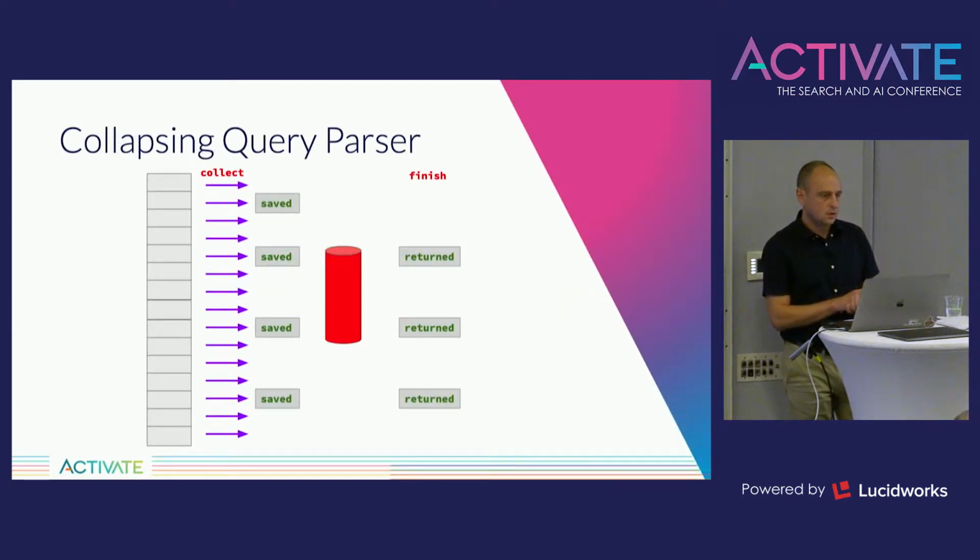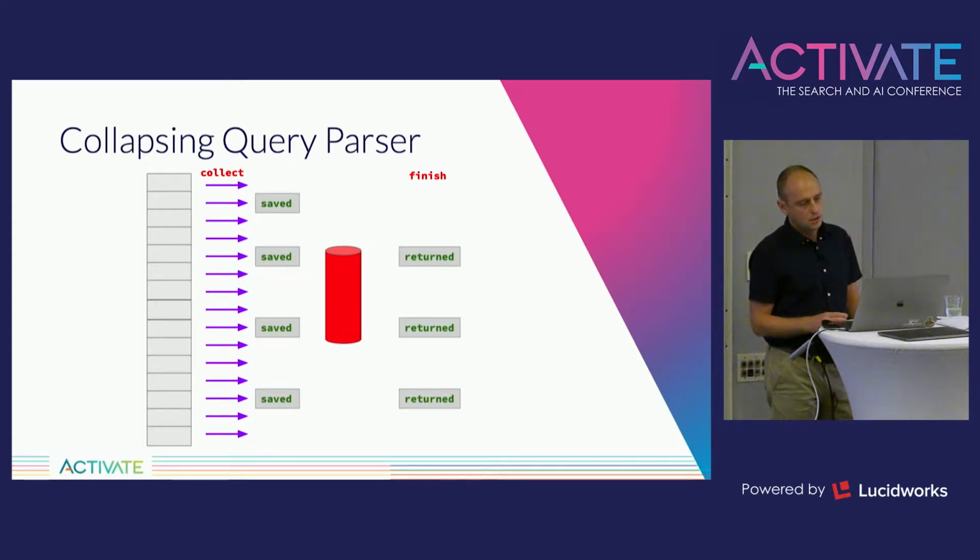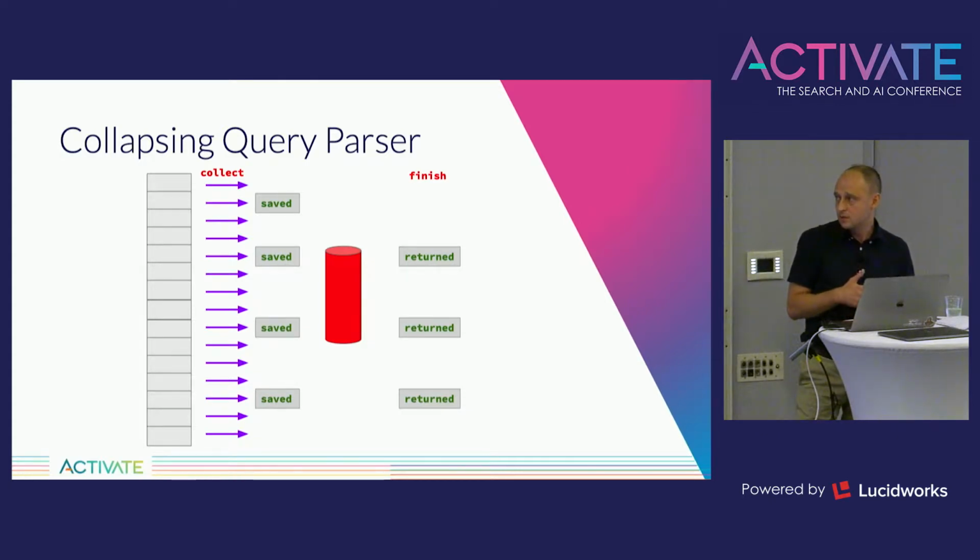To look inside the collapsing query parser, it works in a way that it collects document by document. For each document, the collect method is executed, and in this method, it is decided whether this offer is the best offer collected so far for its product.